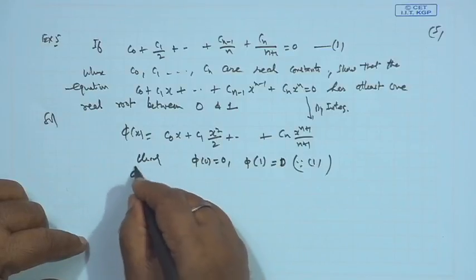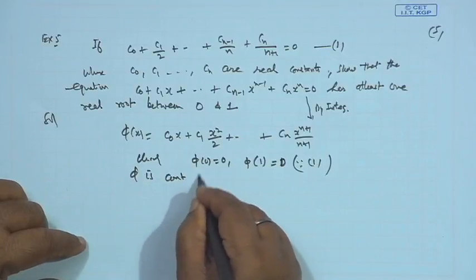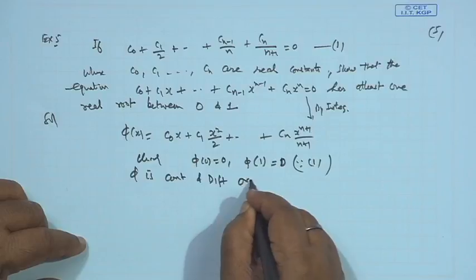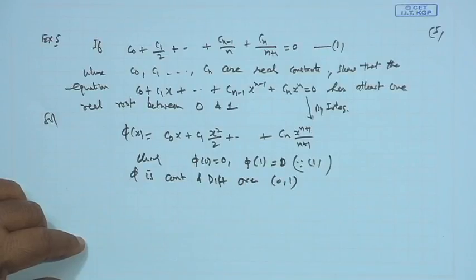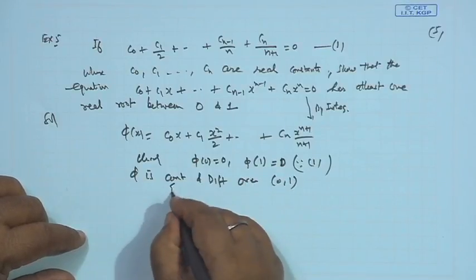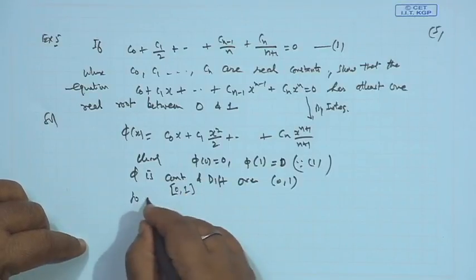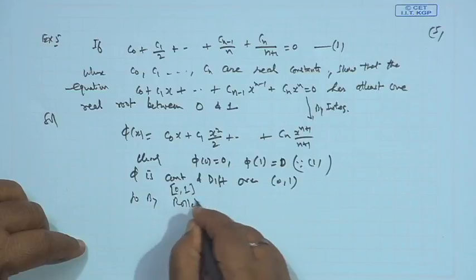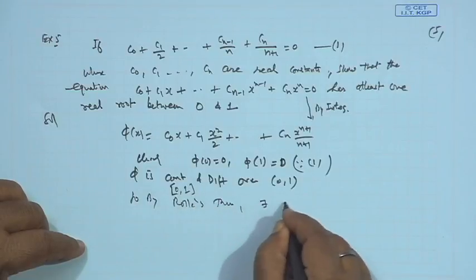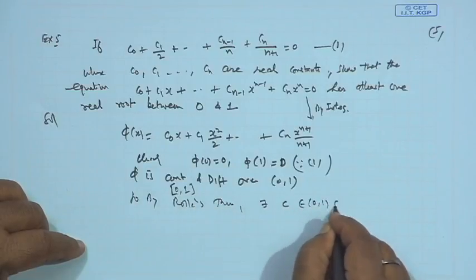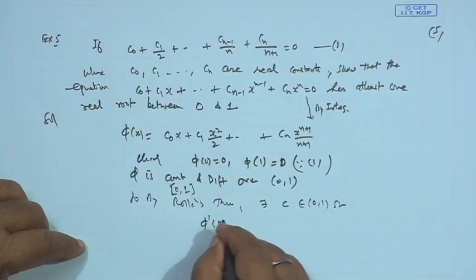Therefore, phi is also continuous and differentiable: continuous on the closed interval [0, 1], differentiable on the open interval (0, 1). So, by Rolle's theorem, there exists a point c in the interval (0, 1) where the derivative of this function vanishes.